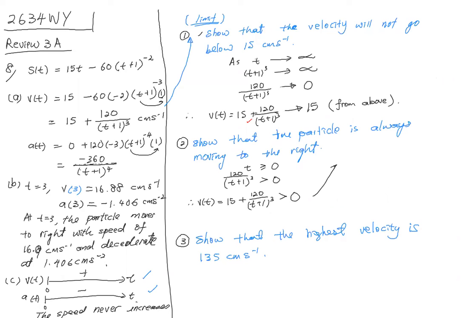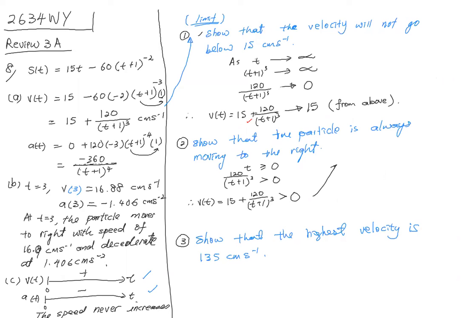Because you don't know whether there is a place where the velocity is bigger than 135 cm per second.